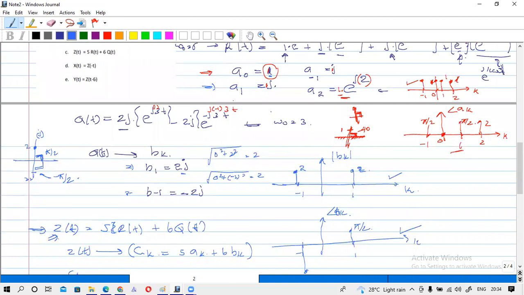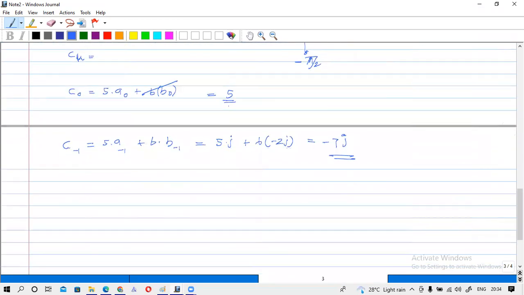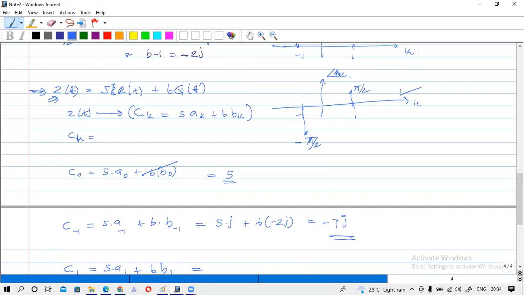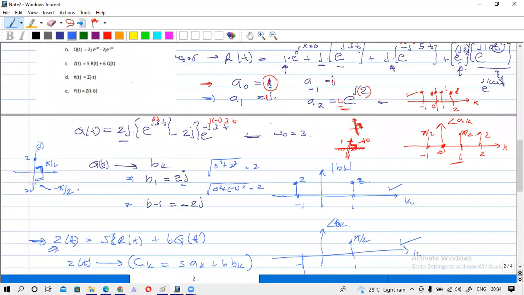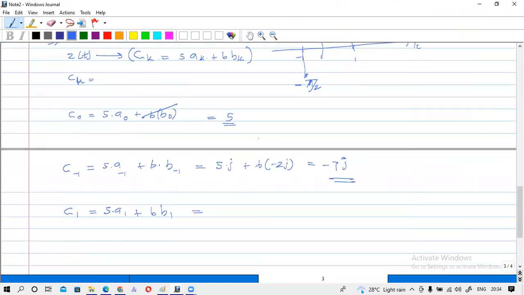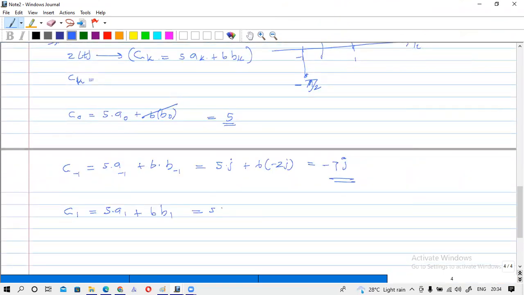Here let's take a1. So c1 also should be there. So c1 is equal to 5a1 plus 6b1. a1 is equal to j, so 5a1 is 5j, and we have 5j plus 6b1.